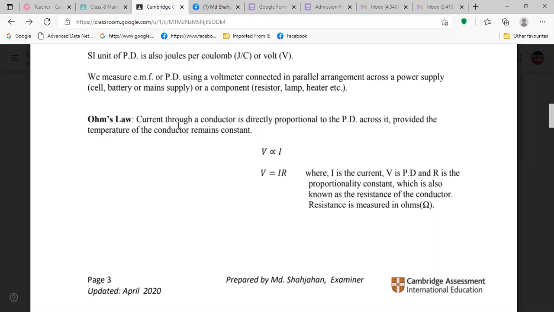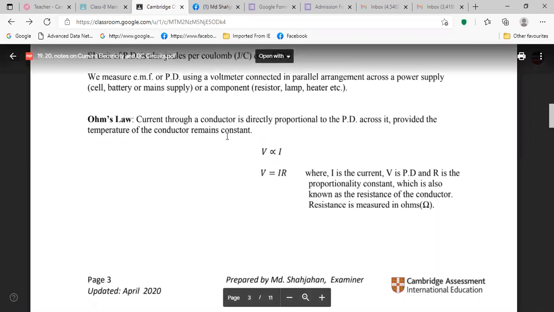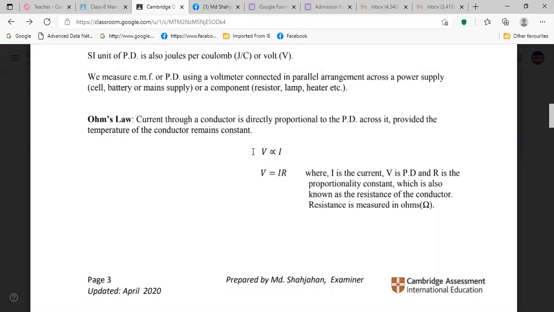Current through a conductor is directly proportional to the potential difference across it, provided the temperature of the conductor remains constant.